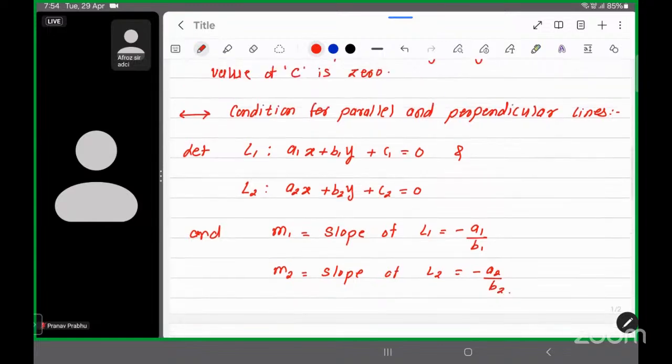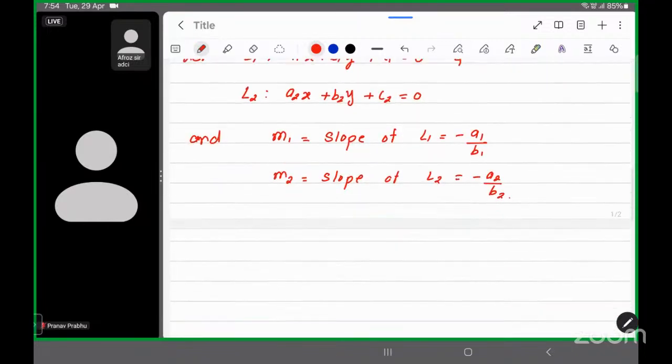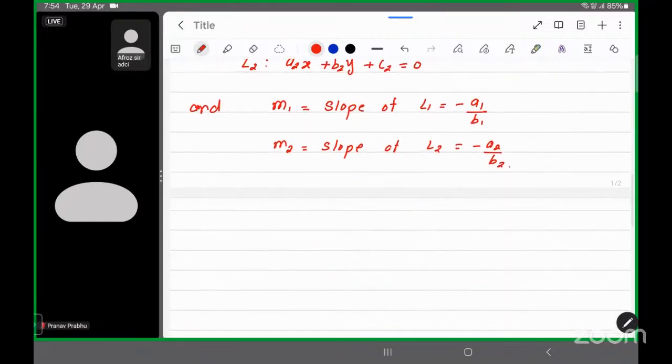See what I did from that: how to find the slope of a line when it is given in the general form? Simply the negative of the coefficient of x upon the coefficient of y. That we did here.